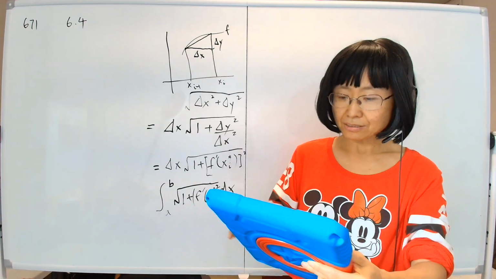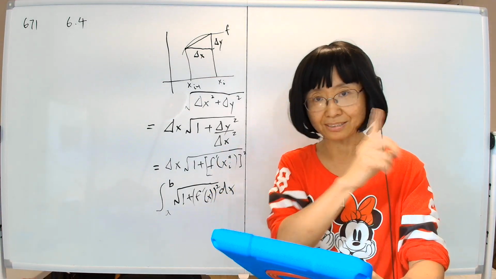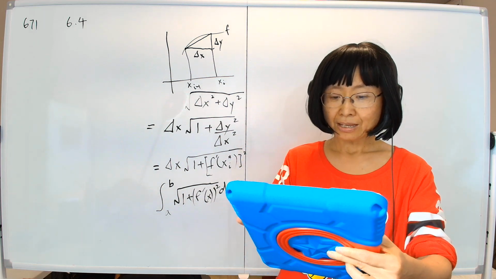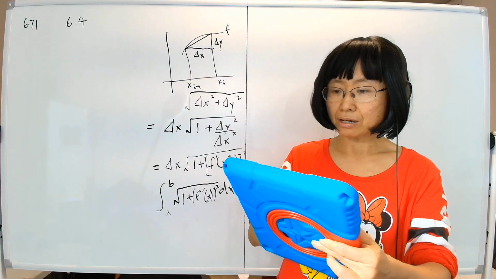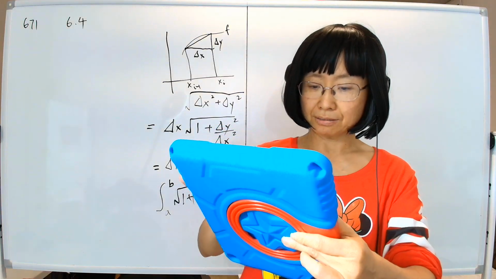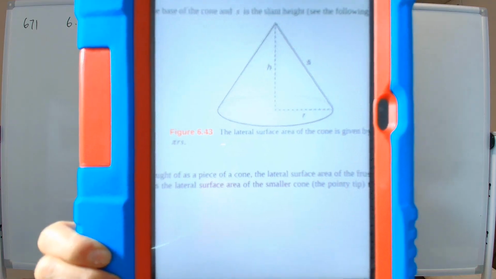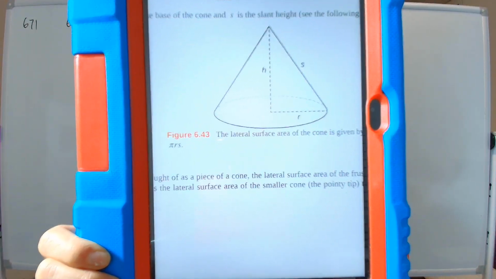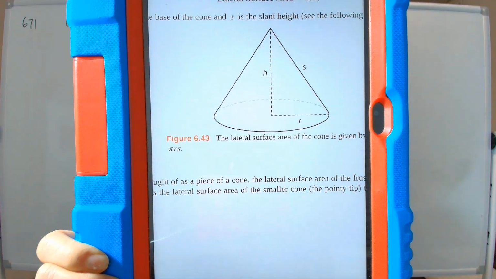The surface area of the cone, just the lateral surface, that is the side, not counting the bottom, is given by the formula pi r s, where s is the length of the slanted side. That was calculated a couple of classes ago. I don't know which class taught you this, but that was done before.